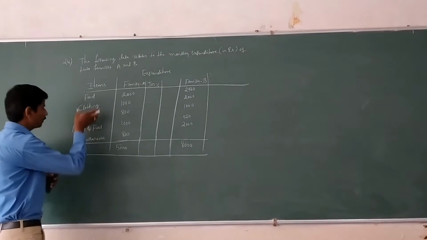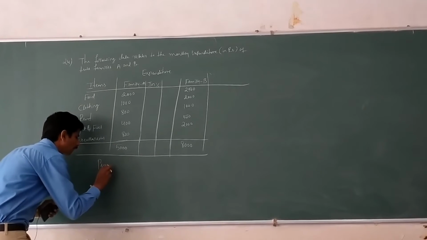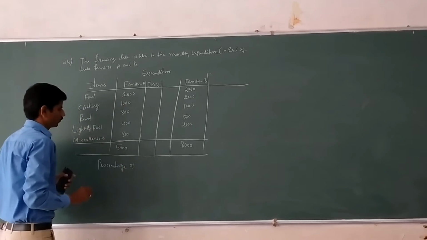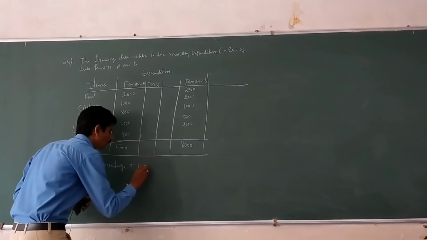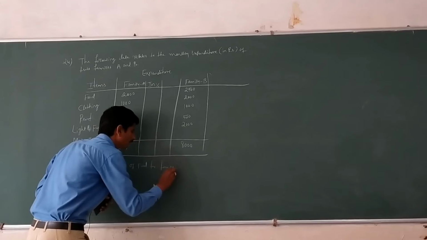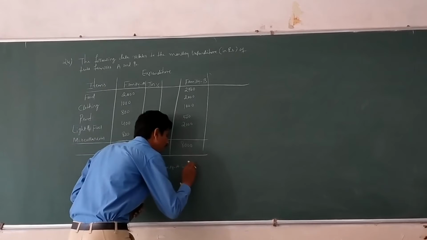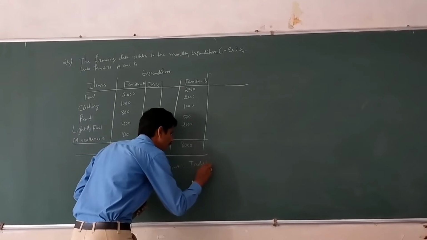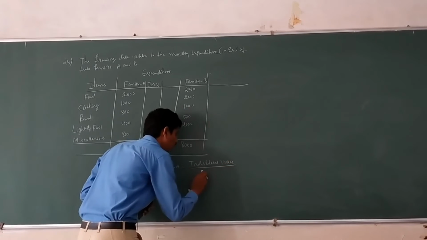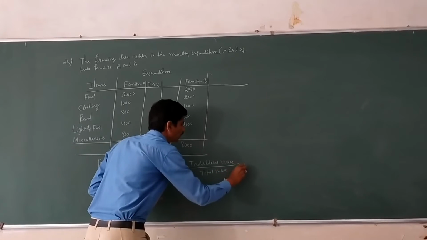First, we find the percentage of food for family A, which equals the individual value divided by the total value, into 100.